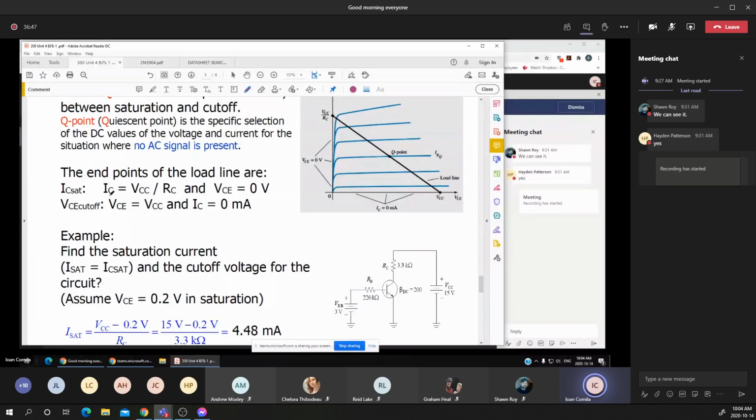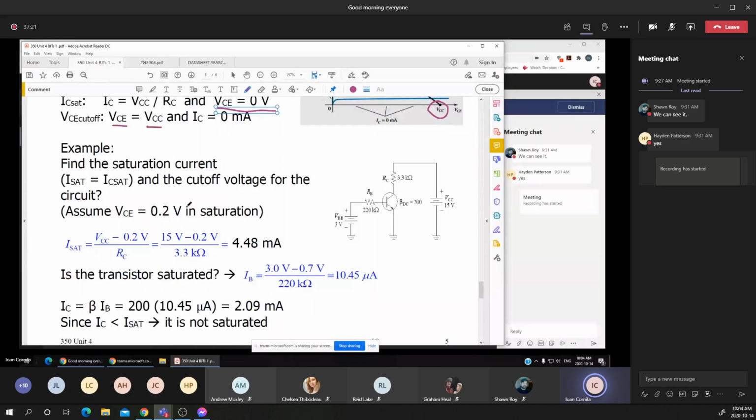The two limits: the IC saturation, or the IC max, is the VCC divided by the resistance RC, again making the approximation that the collector-emitter voltage in saturation is equal to 0. And on the opposite side of the load line, we have the VCE, which is actually limited by the supplied voltage, the VCC.